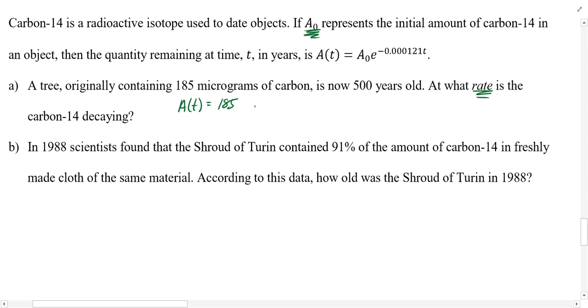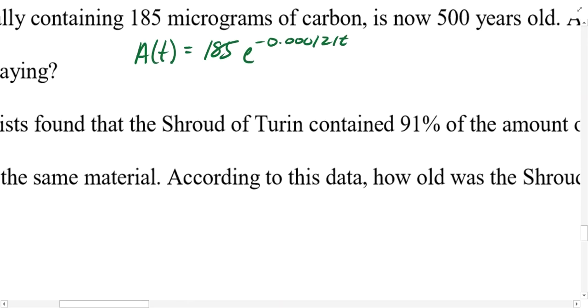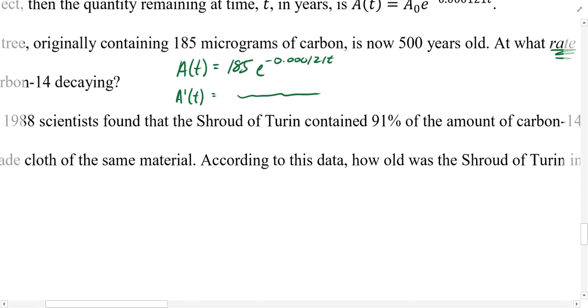So we're going to say that our A value in this problem is 185, and we've got e to the negative 0.000121t. So the first thing we have to do is find A prime of t. This is the formula that would allow us to find our rates. And then once I have the derivative function, then I'll evaluate A prime at 500.